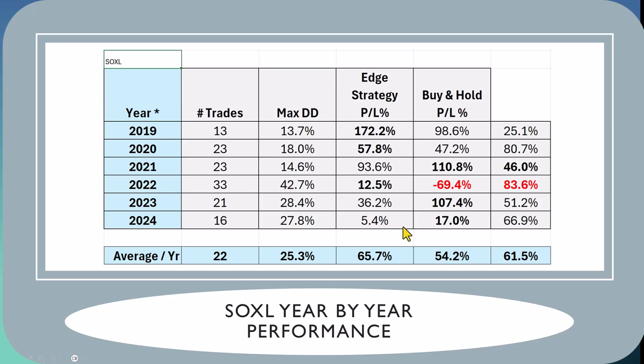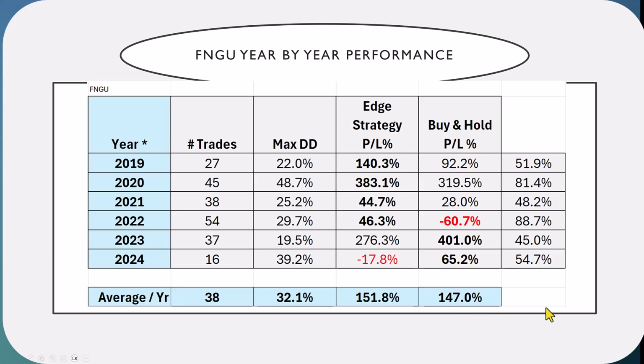SOXL has a little bit more volatility. And then the FNGU on a year-by-year basis. So comparatively, you can see some pretty strong differences between buy and hold and the strategy for each of these different leveraged ETFs.